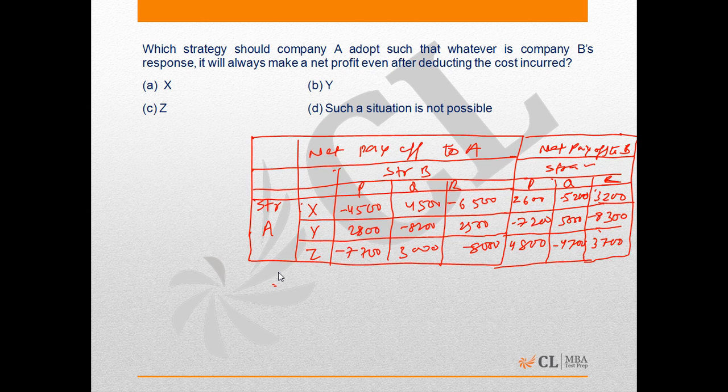Similarly, we can calculate the payoff for A and B, which is shown in the table here.